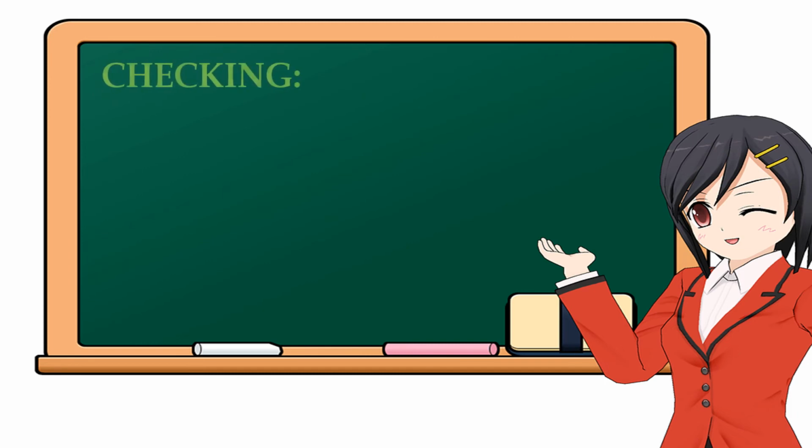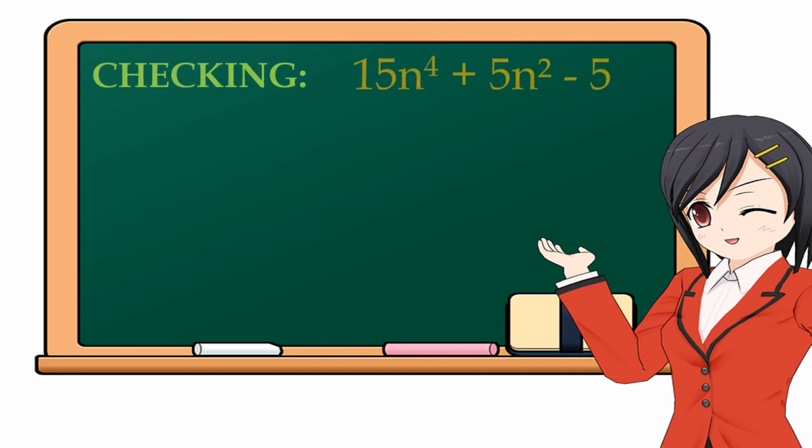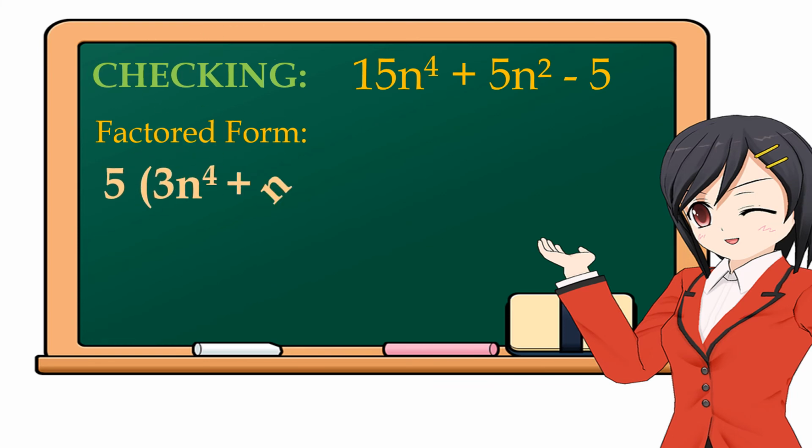For our checking, 15n raised to the fourth plus 5n squared minus 5. Let's check if it has a factored form of 5 times the quantity 3n raised to the fourth plus n squared minus 1. So using the distributive property, we will multiply 5 by 3n raised to the fourth, which is equal to 15n raised to the fourth.